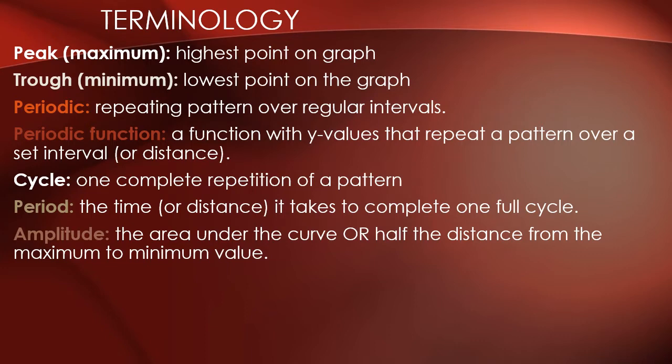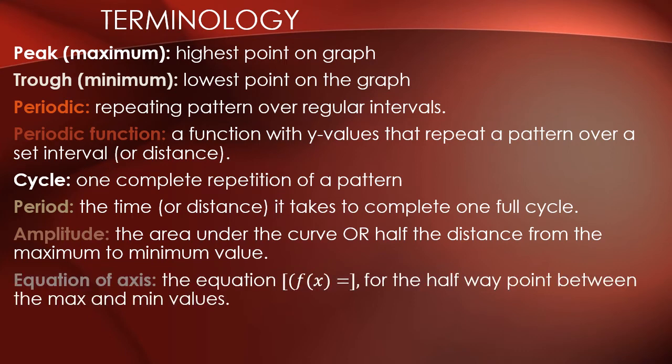And this actually has a formula, and I'm going to give you two formulas here for these last two. Our last definition, the equation of axis, is the equation, and it comes in the form of y equals, or f of x equals, for the halfway point between the max and min values.